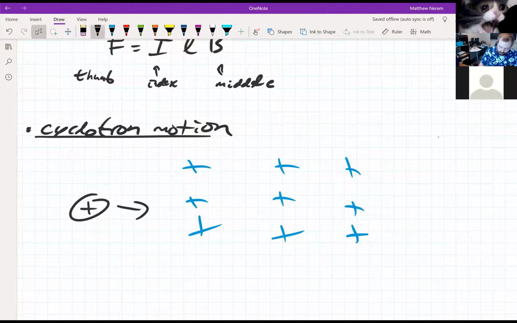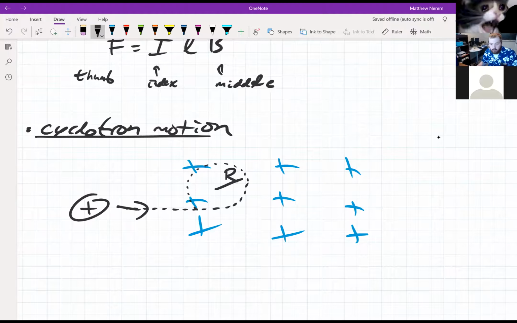First thing to do is its trajectory. It's going to do some sort of circular path. So this guy is going to come in and do some circle.